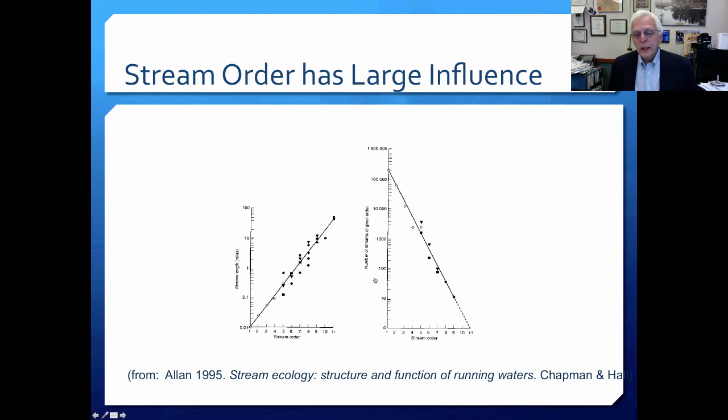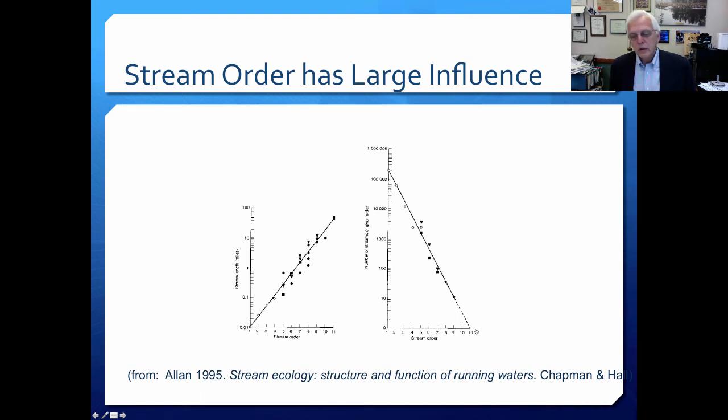Also, within a landscape, the number of streams of a given order varies substantially with the stream order. So there are many, many small order streams or low order streams on Earth, and very many fewer high order streams. We think there's one 12th order stream, although it's hard to know exactly, and that's the Amazon. There may be another one in Russia or Siberia, but we're not exactly sure yet.